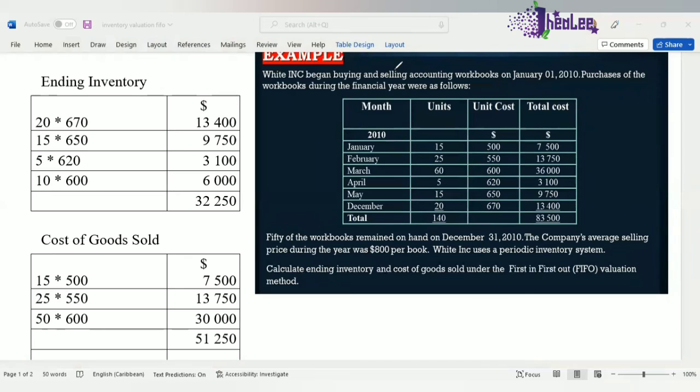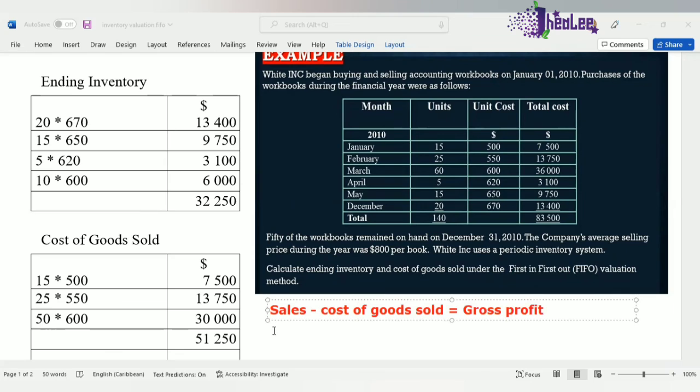But to add to that, you know that you could be asked to calculate your gross profit. And in order to calculate your gross profit, remember, it is sales minus your cost of goods sold, that would give you your gross profit. All right. So from this question, that could be an addition to the question.